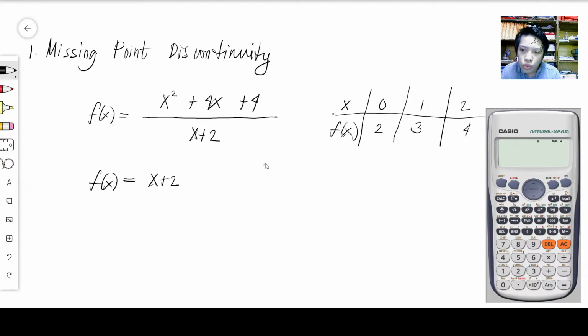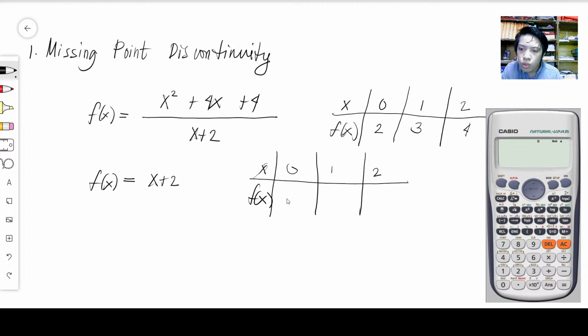If we also construct the table of values for this function, we have here x and f of x, and the same 0, 1, 2.